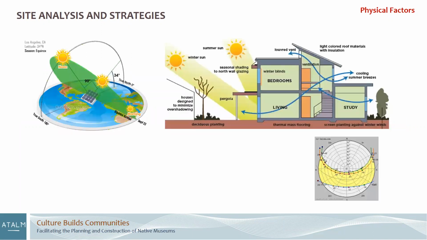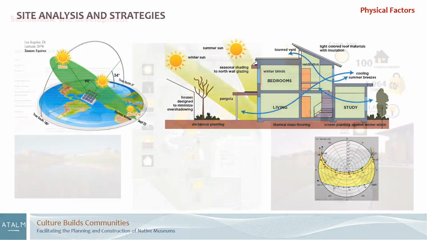And then another physical factor is simply utilizing the sun and passive solar strategies. You can save a lot of money in utilities. You can save a lot of money in lights. Really listen to the land, listen to the landscape, listen to the sun, the topography, and utilize wind to help heat and cool.